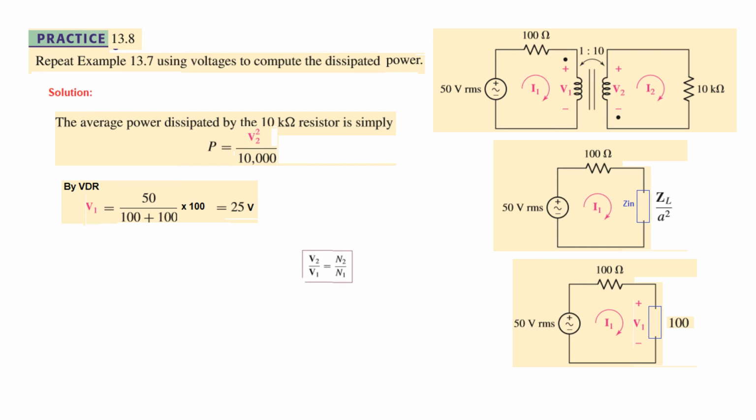This V2 over V1 is N2 over N1. We don't know N2 and N1, but we know A. So we just plug in here. N2 over N1 is actually A, so it is A over 1. And V1 is 25. So V2 is 250 volt.